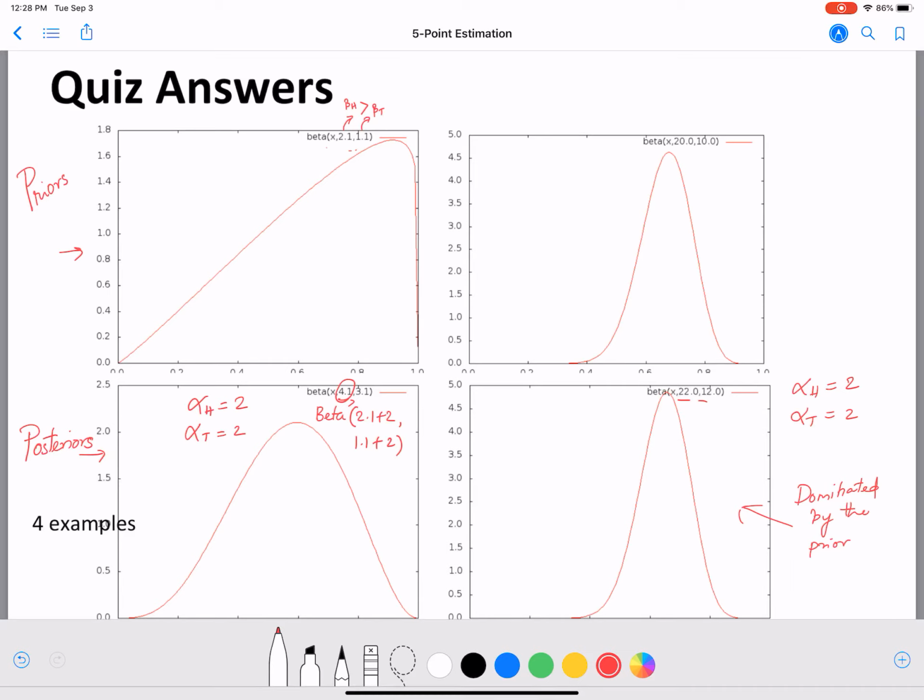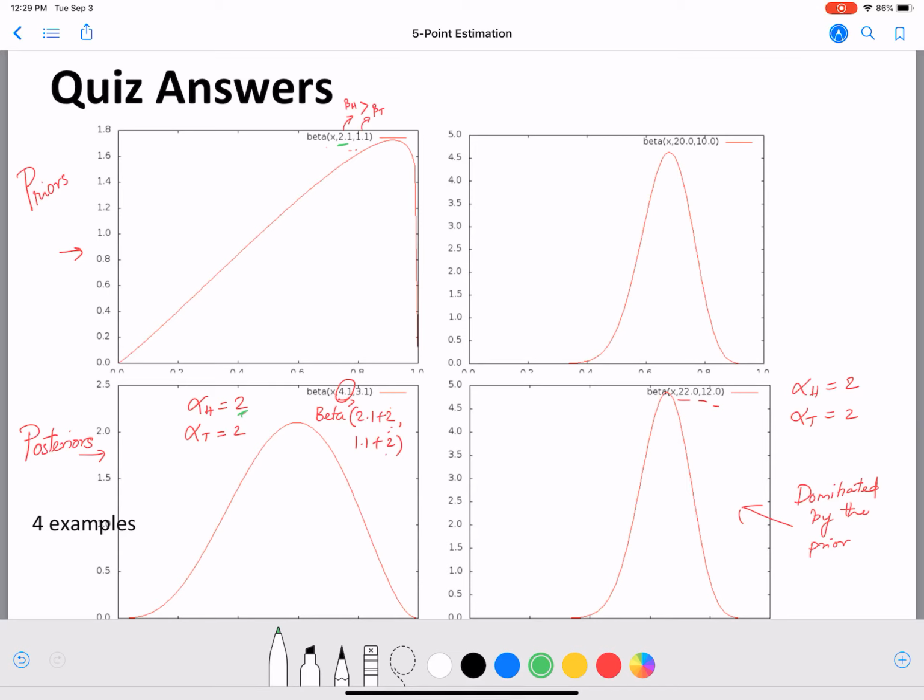So the posterior is dominated by the prior here, whereas in the first one, it is dominated by the data, because the data is almost the same value as the beta h value.